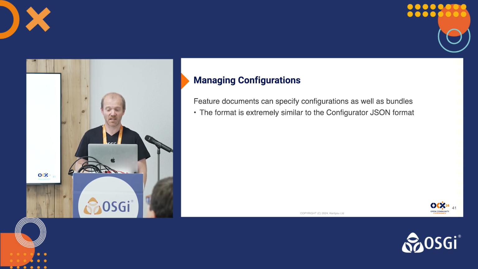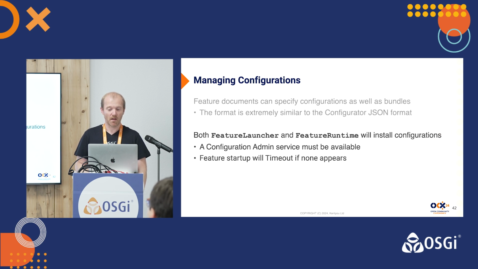The format looks like the configurator JSON because it's basically the same. And both the feature launcher and the feature runtime will install configurations for you. Obviously, this requires that a configuration admin service is available. And feature startup will by default time out if no configuration admin service has become available before the timeout expires.